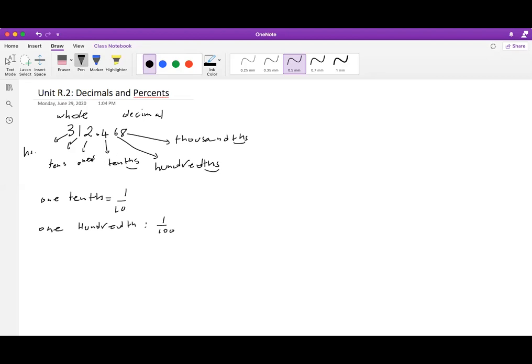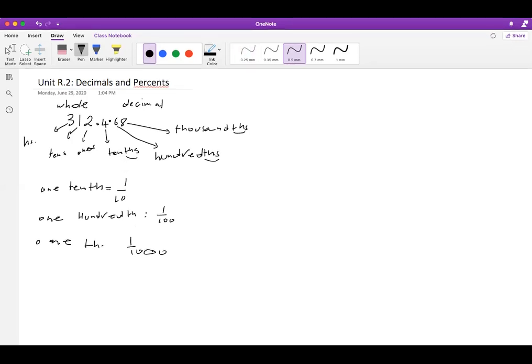It only has ones with an s, tens with an s, hundreds with an s. But this is the ten-thousandths. So again, 1/1,000 would be 1 out of 1,000. That's basically how we name each place value in a decimal number.